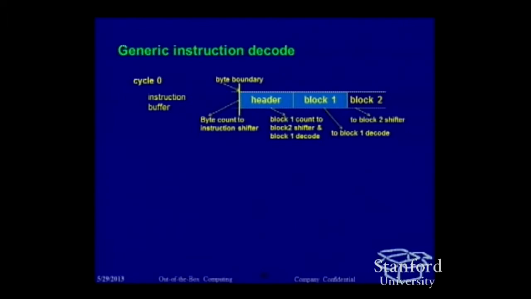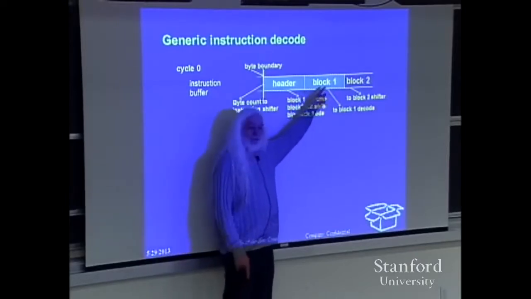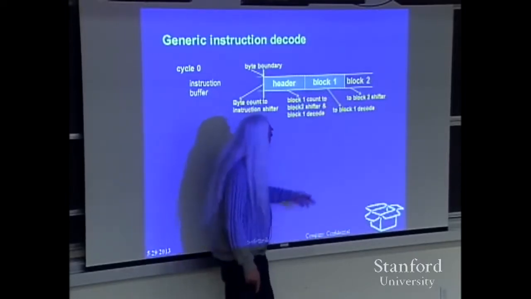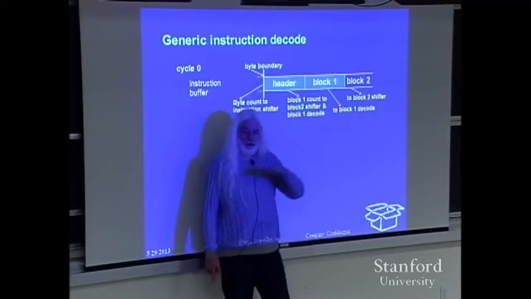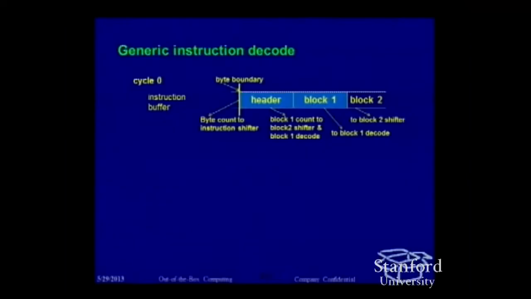Now, in addition, besides the bundle byte count, there is an operation count for each one of the blocks. There's something that says we've got 3 operations in block 1 and 5 in block 2, etc. This is all encoded in that header. Now, the header itself is fixed size. Consequently, if we have this thing left aligned in a bundle buffer, that point is known.